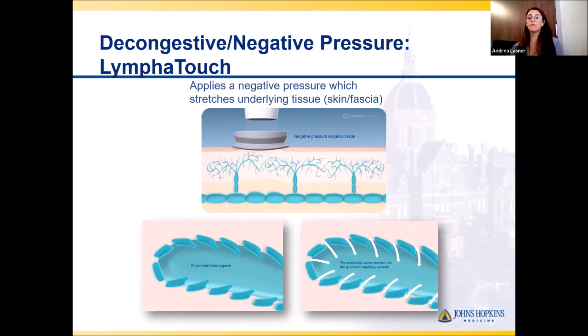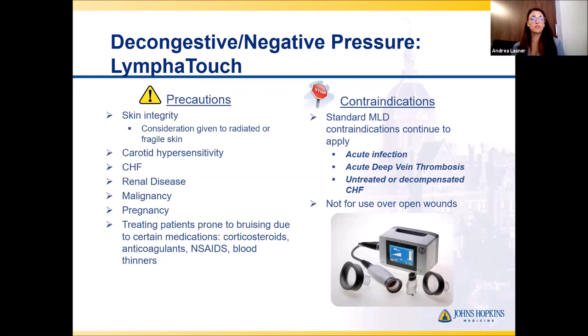If a patient has just a normal lymphatic system, clearing out swelling will be rather easy versus someone else that has maybe a sluggish system or has had other diagnoses. All right, with this, precautions. Skin integrity is really the main thing here.